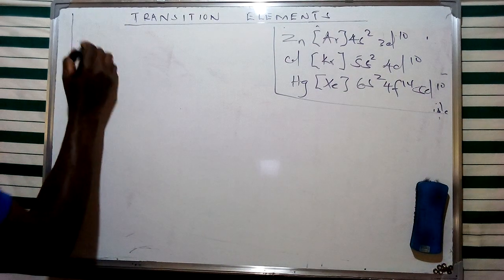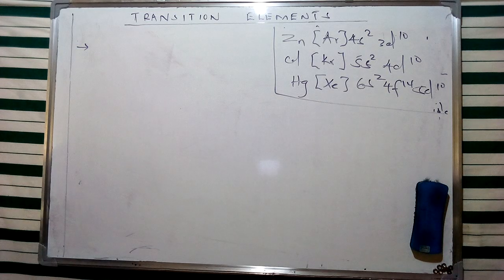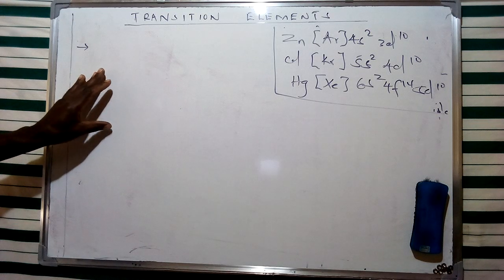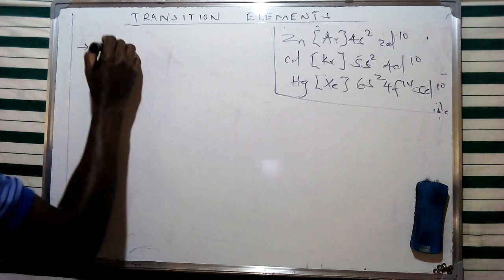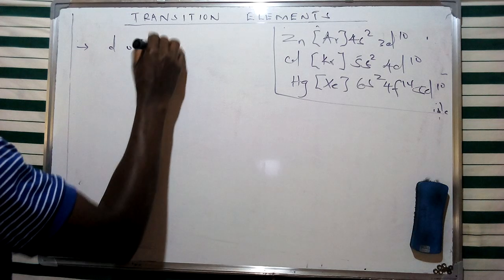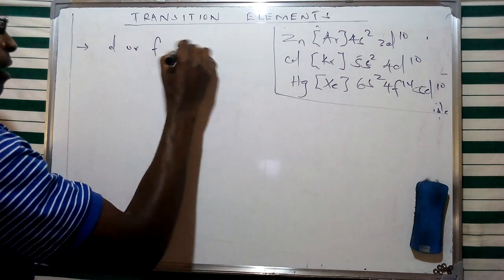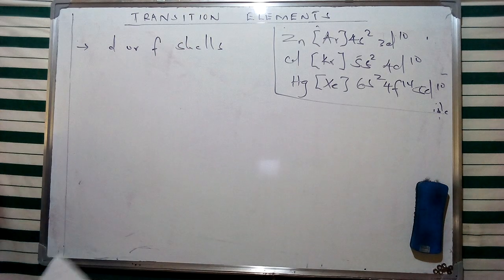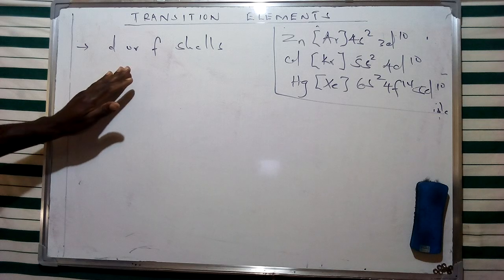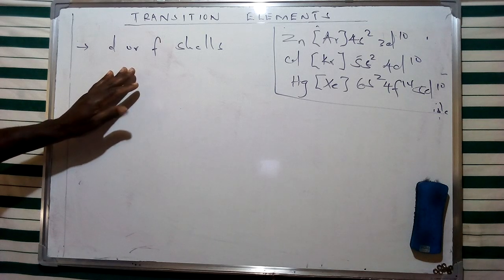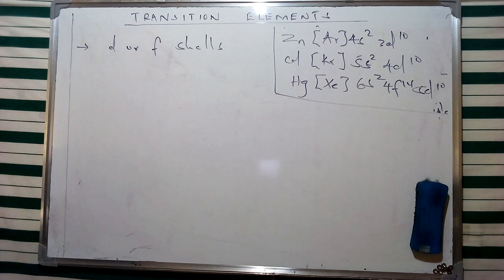So for an element to be regarded as a transition element, I've mentioned the concept of the D and F subshells, but in this particular case, these are elements that contain D or F shells, either in the elemental form or in any of their occurring oxidation states.